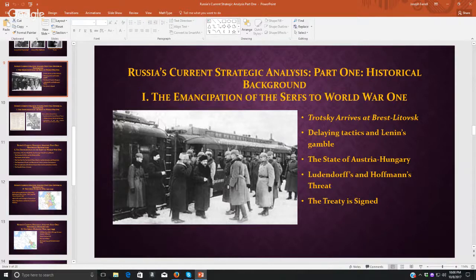And this is, again, a strategic calculation that was made by Lenin himself, that if we cave in to the Central Powers' demands to surrender too quickly, this will allow them to strike their blow against the West.